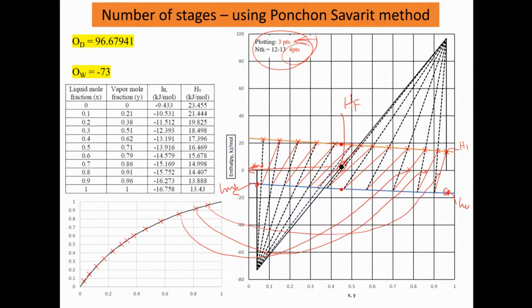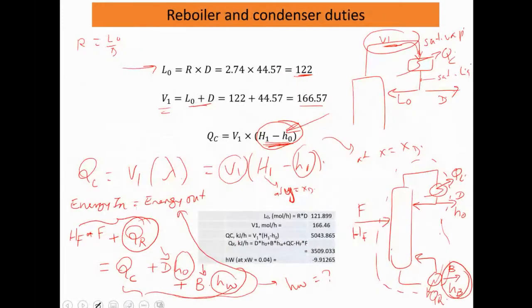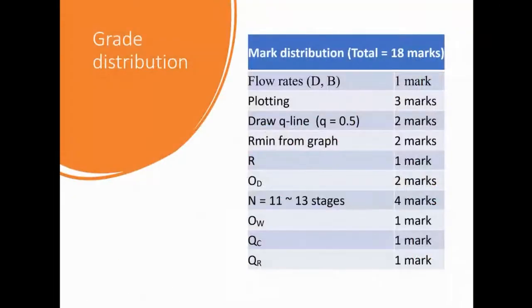Yes, that's right. So now we go to the last thing here in this lecture, and this is the mark distribution. Total mark is 18. You see here flow rates. You calculate the mass flow rate, 1 mark. Plotting the equilibrium data, the first one is 3. Draw the Q line, 2 marks. Determine R minimum from the graph, 2 marks.